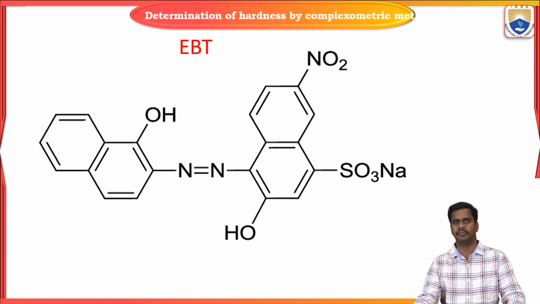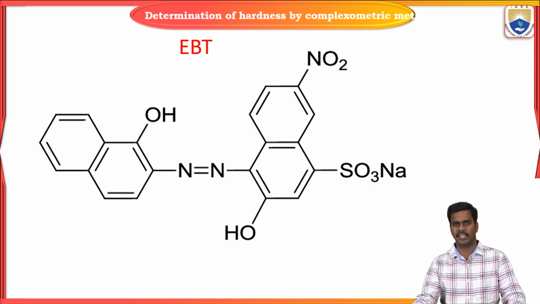Before going to the titration, we have to know what a primary standard is and what a secondary standard is. Why? Because in our determination of hardness of water, the first step is standardization of EDTA.